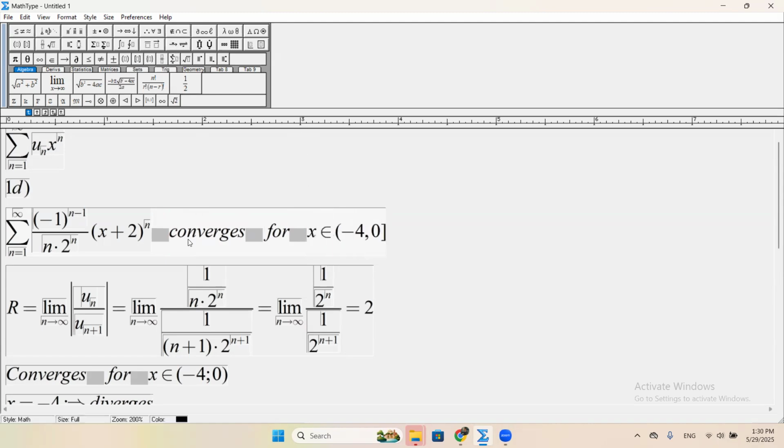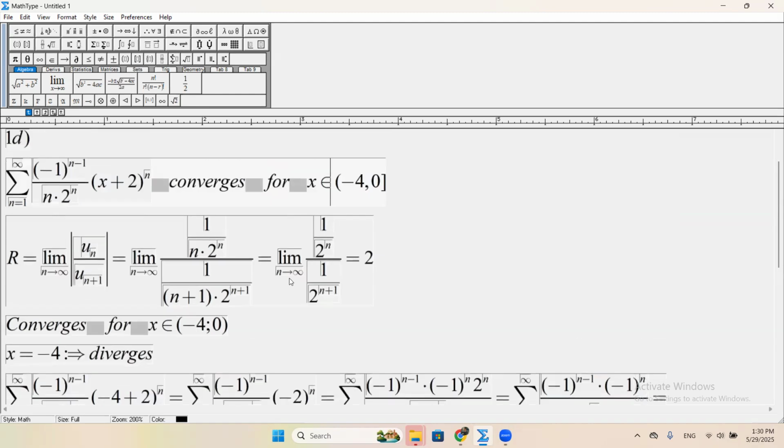So any questions about this exercise? Yeah, sorry, I do have a question. We've calculated the radius and it is 2, but why do we assume that it converges for x from minus 4 to 0? Why not minus 2 to 2? We have a shift here, x plus 2 in power of n.